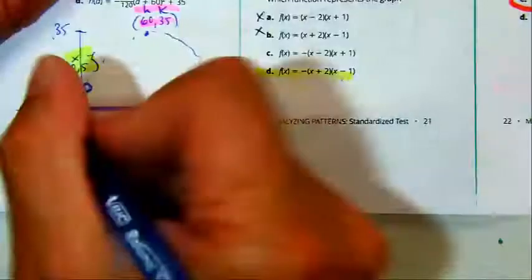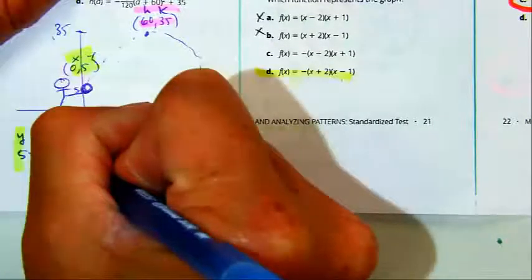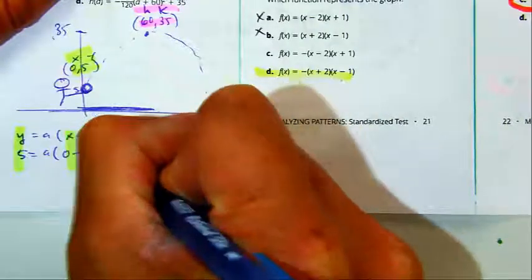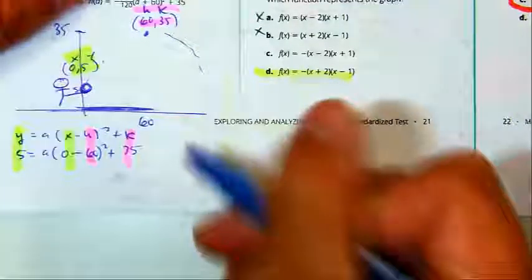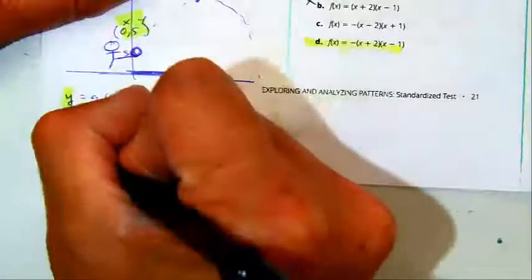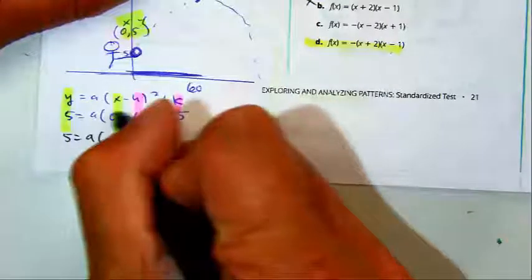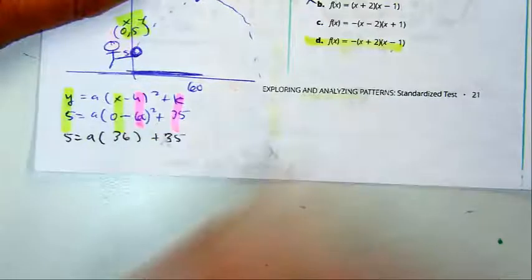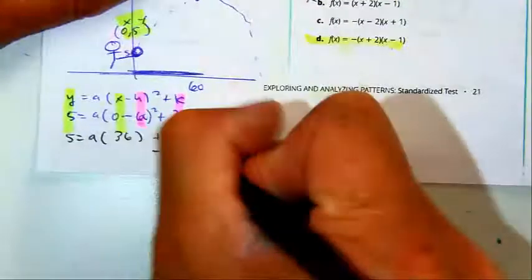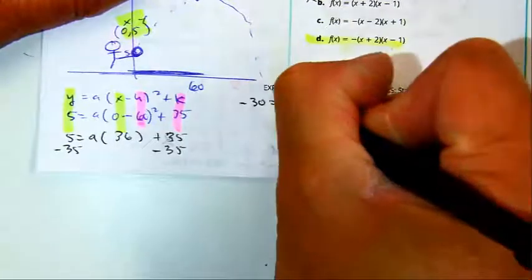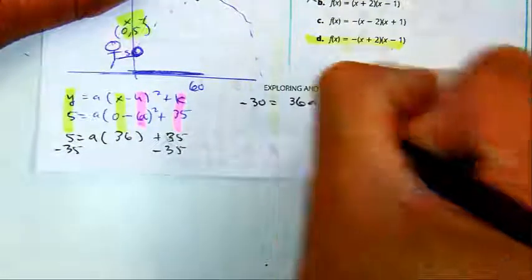So y is 5, x is 0, minus 60 squared plus 35. I'm just going to use PEMDAS to simplify that. So I have 5 equals a times negative 60 squared plus 35. Negative 60 squared is 3600 plus 35. I'm going to subtract 35 from both sides. That gives me negative 30 equals 3600 times a.